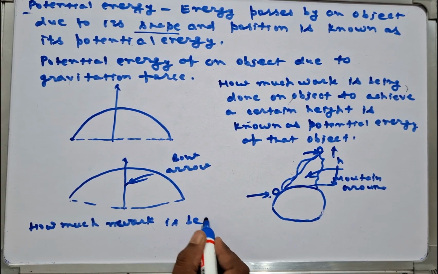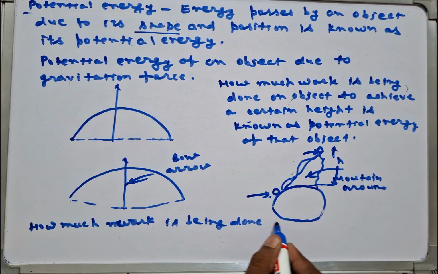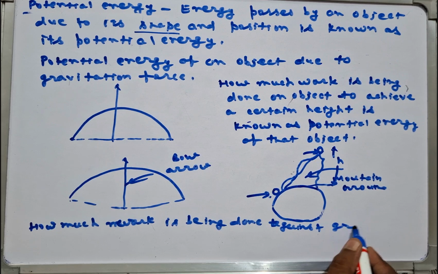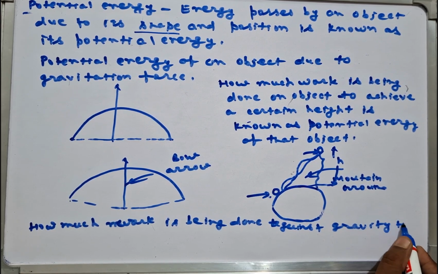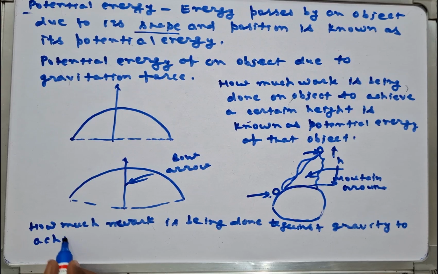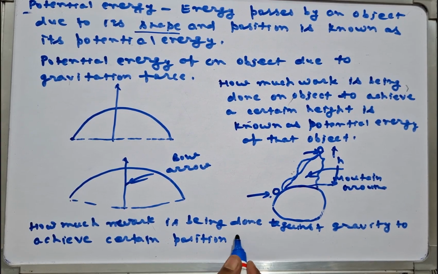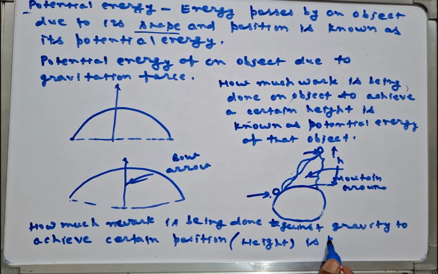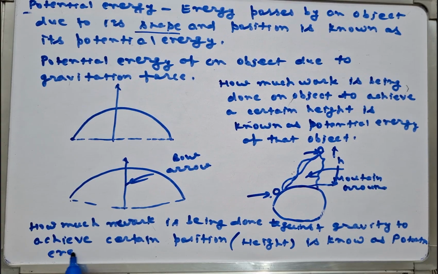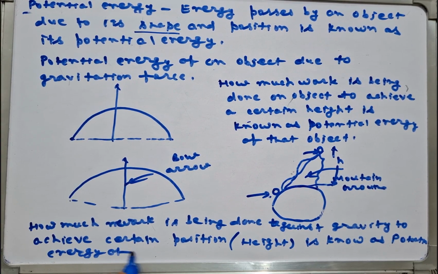So how much work is being done against gravity to achieve a certain position, here we are talking about height, is known as the potential energy of the object.